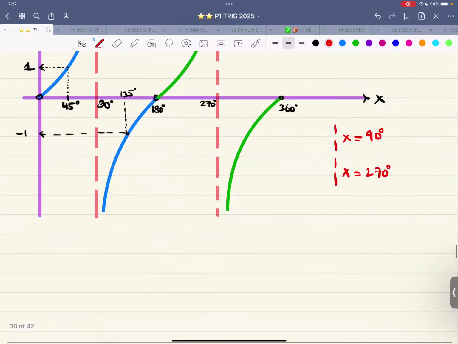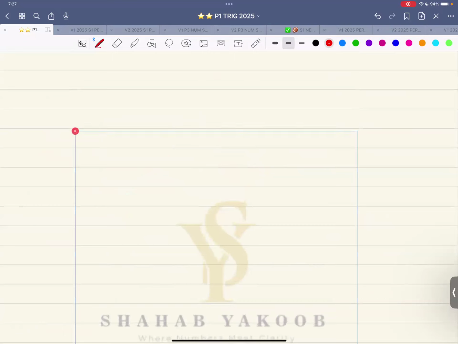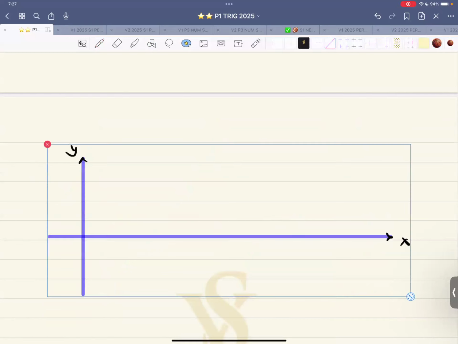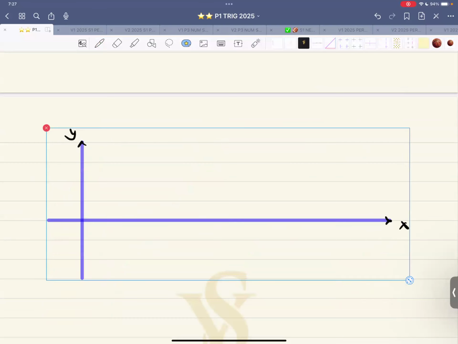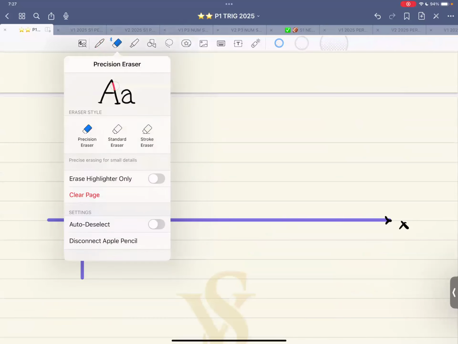Now this thing is done. Let's move ahead. The very first thing that I want to focus on is extending the graphs. Let me go over here and use some eraser.